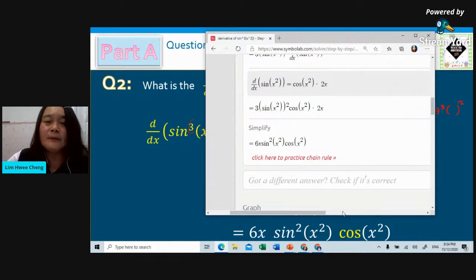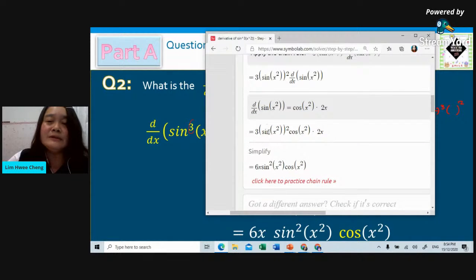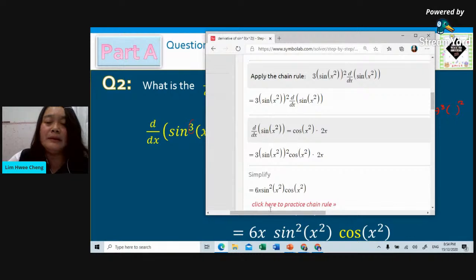For this, sometimes they will give you some hints, some step hints that say, to do this, you should do the power first, followed by the differential of the inner function sine square. So you just follow. You see, this app can guide you to get the solutions step by step. What you need to do is get used to this app.